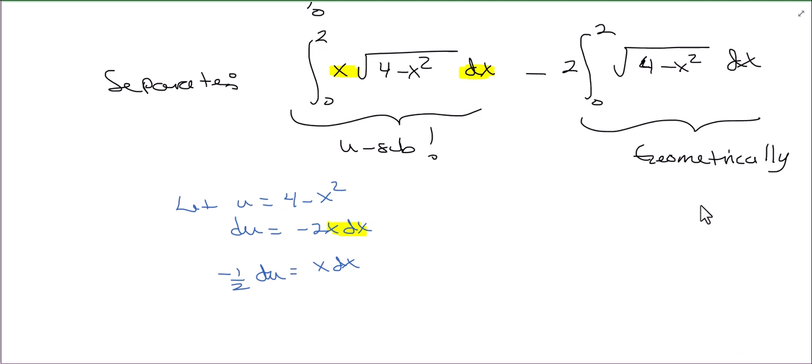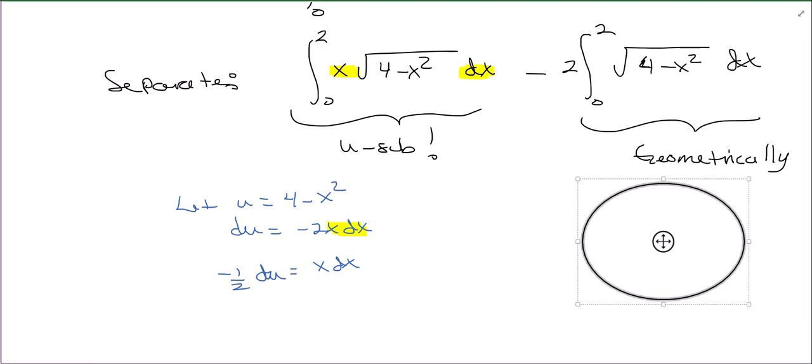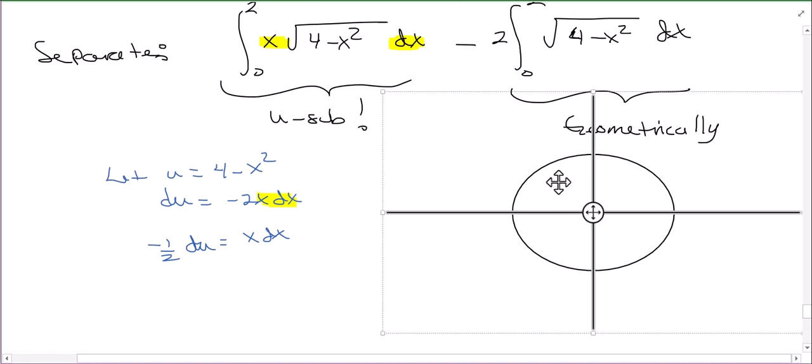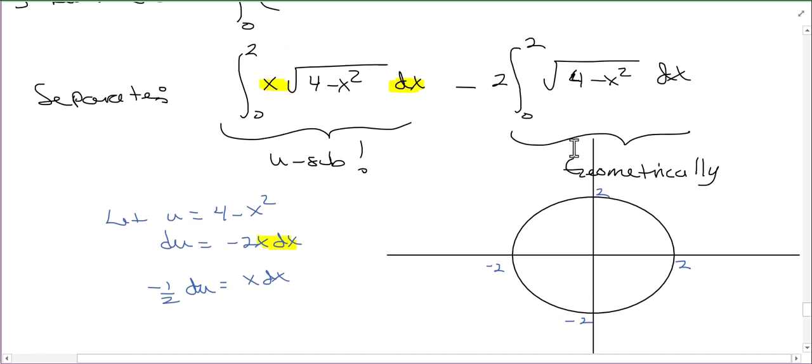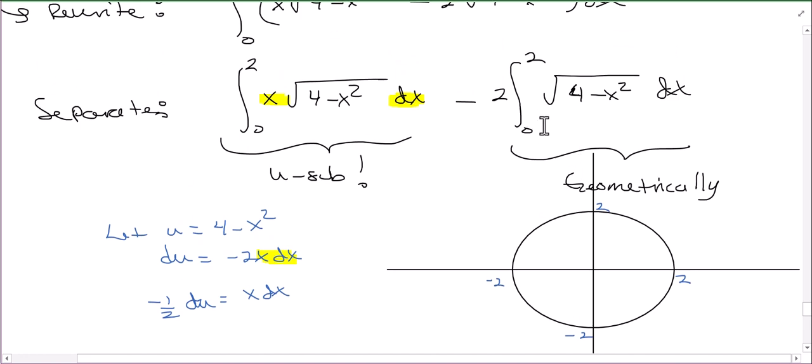And what do I mean by geometrically for the next one? We can say this is a circle of radius 2. So that's 2, that's minus 2, that's 2, that's minus 2 on the y. And this is asking for the area of the circle. How do I know that this is a circle? Again, this is f of x, which is y really.